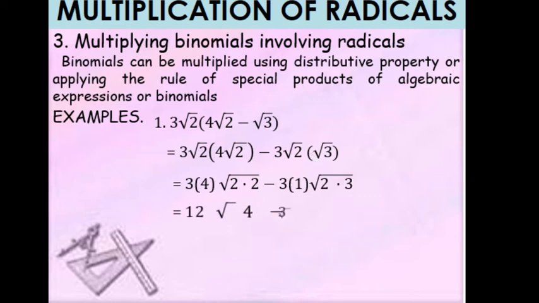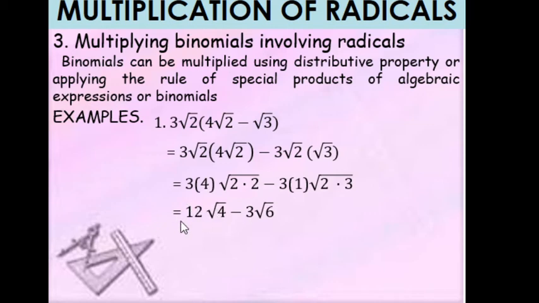So, now let us simplify. So, 12 or yung 3 times 4 is 12. Square root of 2 times 2 is 4 minus 3 square root of 6. So, dito, yung 4 ay perfect square, kaya kailangan natin kunin ang kanya square root. So, ang square root ng 4 is 2.